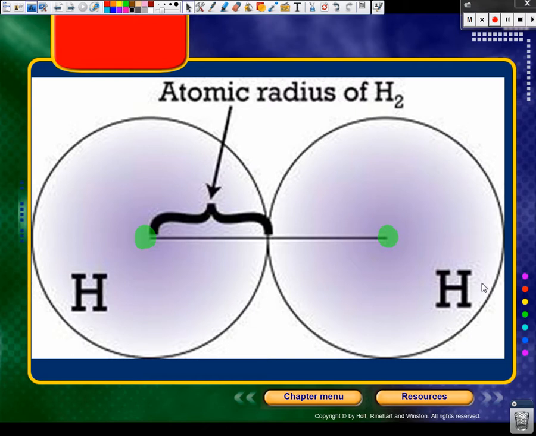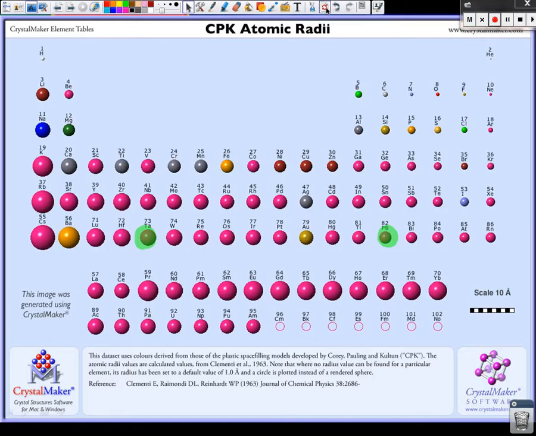If I change it to two carbons, could you do the same? That's kind of the whole essence behind it. It's half the distance between the nuclei of two identical atoms that are bonded.